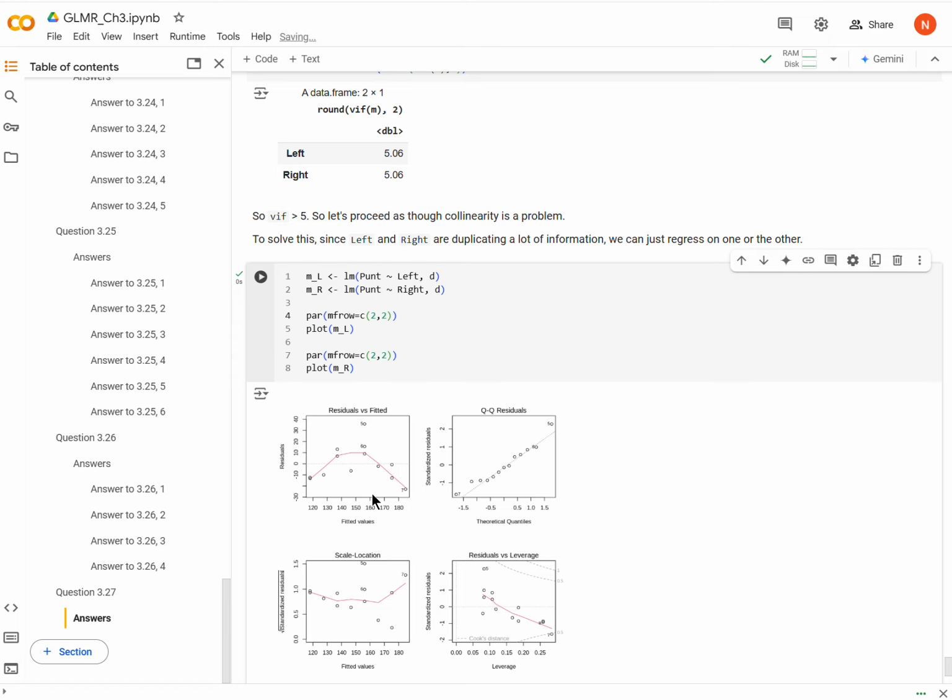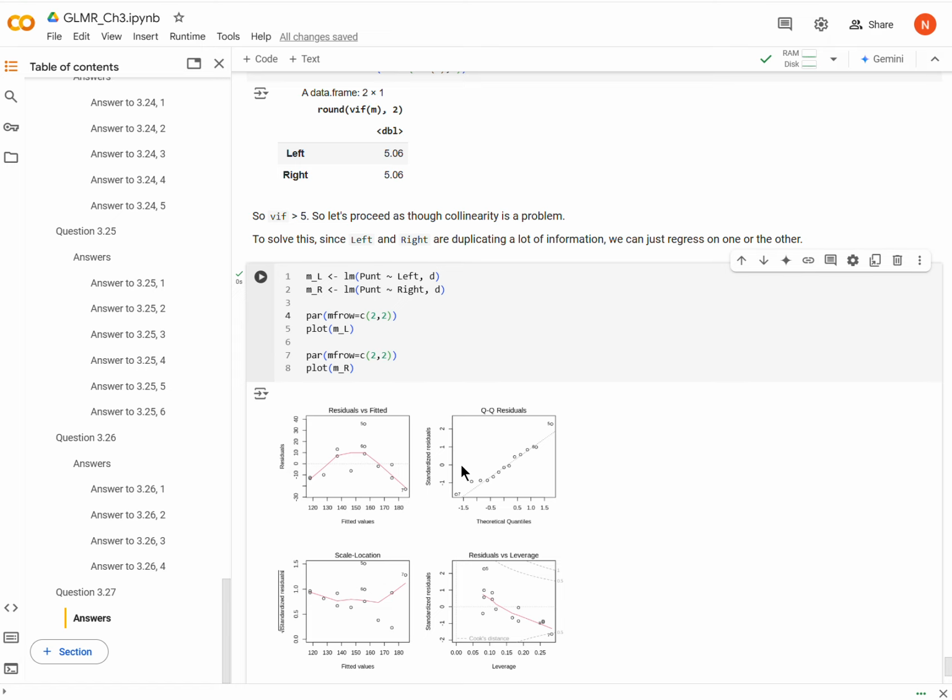We can see that there are maybe some fitting problems here, like the residuals seem to be not perfectly neutral. As we go right on the x-axis for punt, the residuals follow a kind of parabolic shape, which suggests there may be some fitting problems.